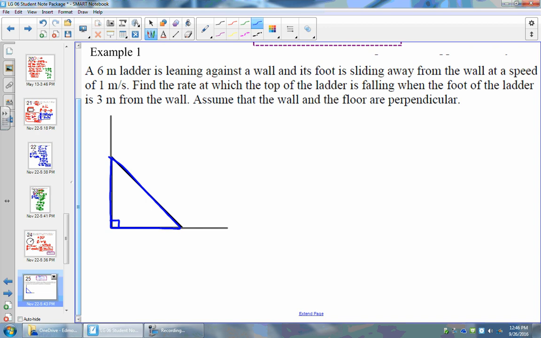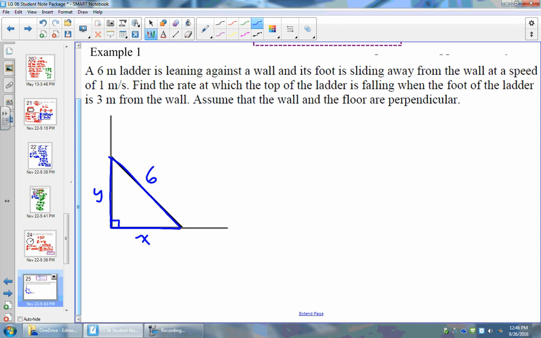Remember the step-by-step that we talked about in that last lesson: number one, draw your diagram and label it as well. Let's call this x and this y. The 6-meter ladder is unchanging, 6 is always going to stay as 6.